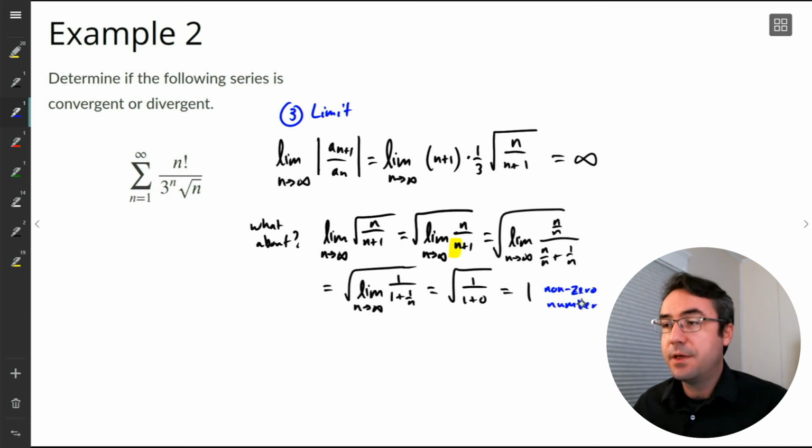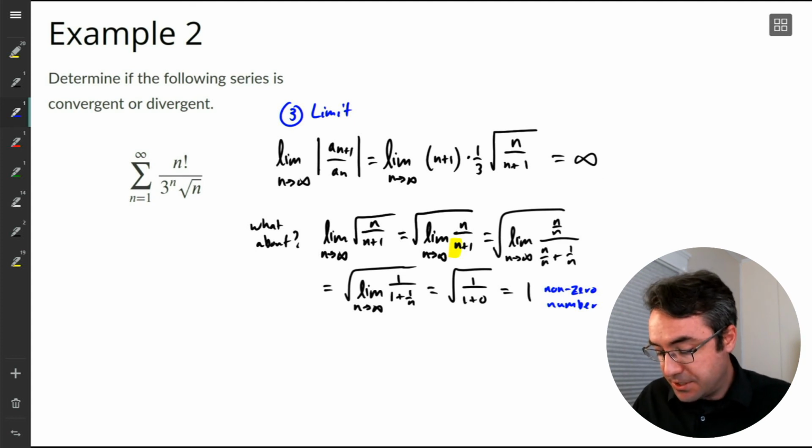If it was 0, then we would have had an indeterminate product and there would have been more work required. But the fact that this is equal to 1 means that overall, these terms here are just approaching a finite number, but this n plus 1 is getting really big. And so when we have a really large number multiplied by something that's not 0, or not getting closer to 0, the result is infinite.